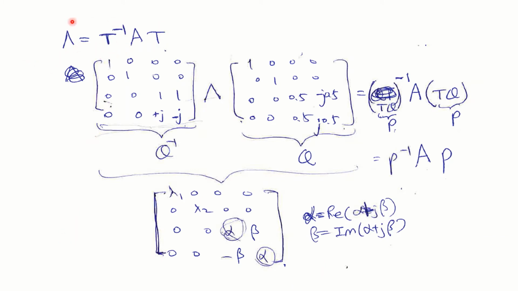Then what we are going to do is multiply certain matrices before and after this lambda, so that the resultant matrix will have all real numbers. Initially we had lambda 1, lambda 2, and alpha plus j beta and alpha minus j beta.